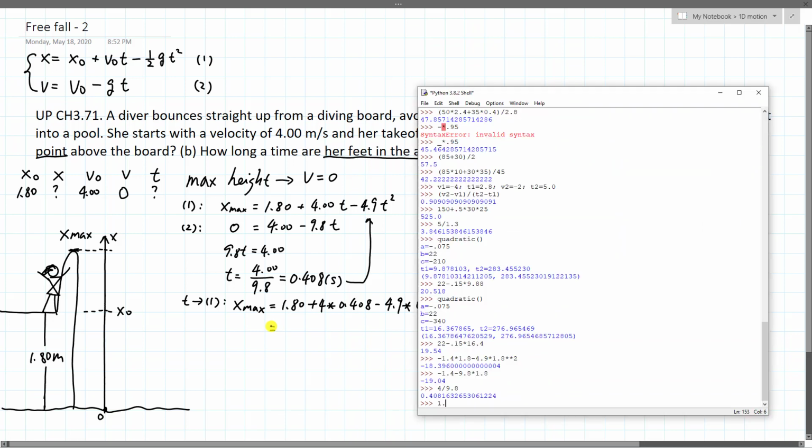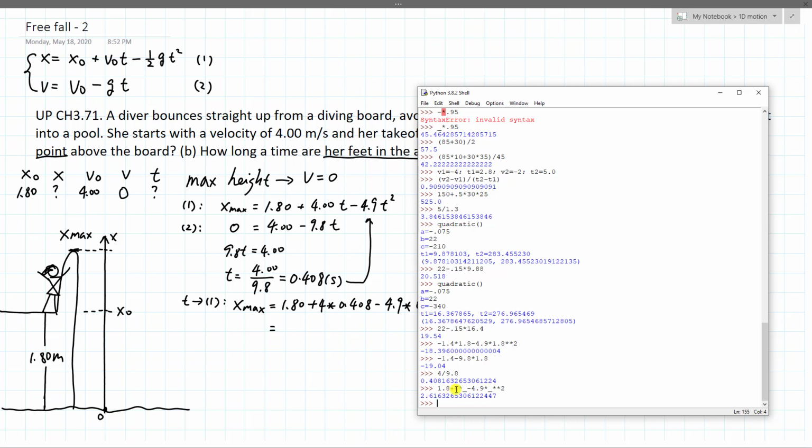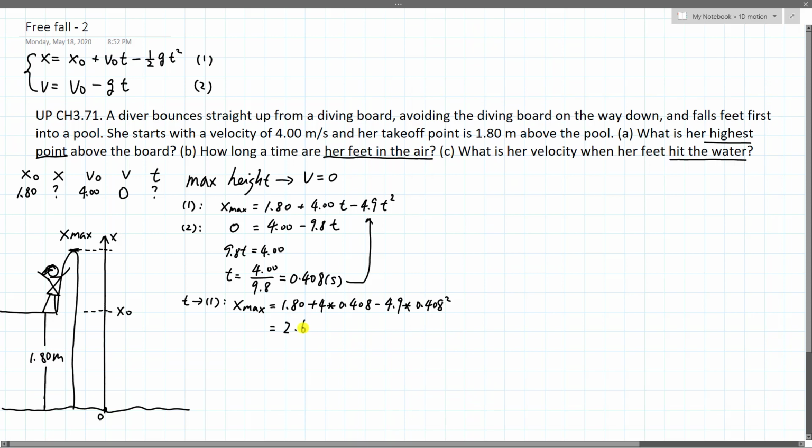Okay, so 1.8 plus 4 times, this underscore is the answer of the previous step, makes it easier, 4.9 times underscore squared. So we get 2.62, because we're carrying 3 sig figs, 2.62 meters.